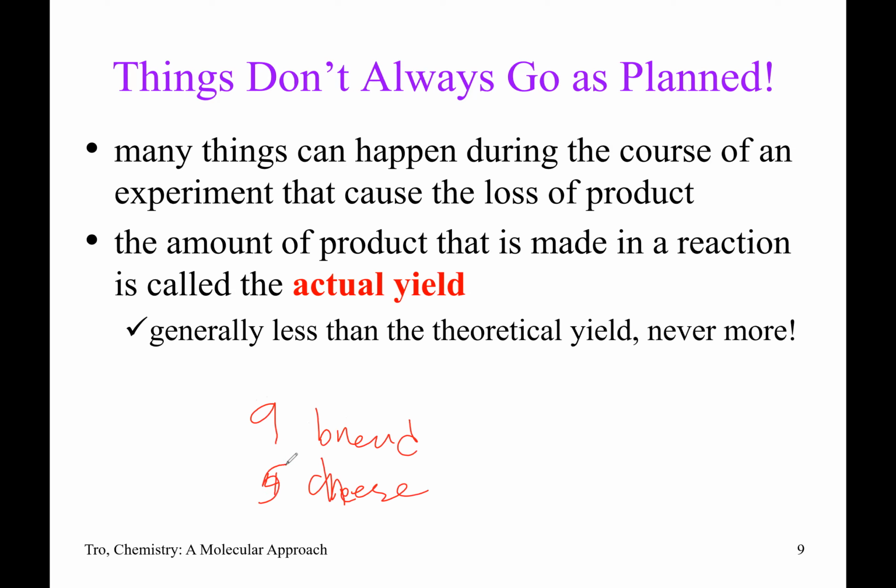So if you have 8 bread and 5 cheese, which one is the limiting reactant? Bread. How? Based on the balanced equation, you first need to know that 2 bread plus 1 cheese gives you 1 sandwich. So based on this ratio, you always need 2 bread for every cheese.